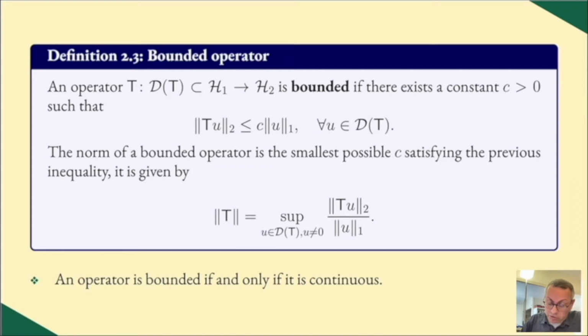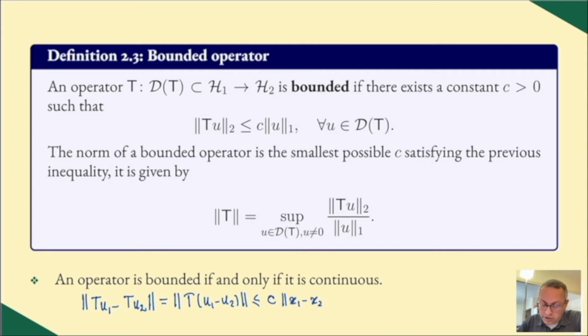A bounded operator is also uniformly continuous, because if you consider the difference, let's say Tu1 minus Tu2, where u1, u2 are in H1, and you take the norm, by linearity you have that, and since it's bounded, you have this inequality.